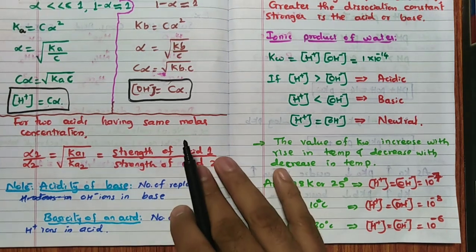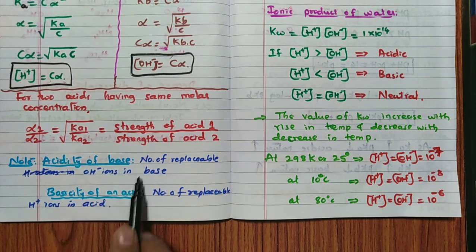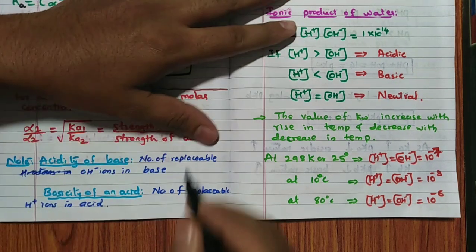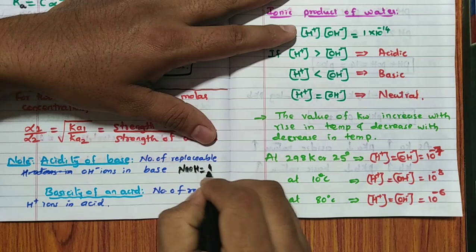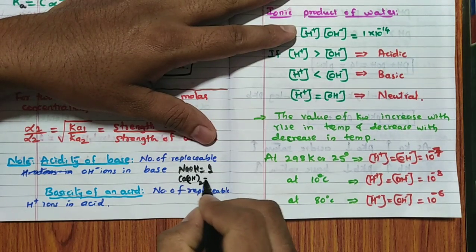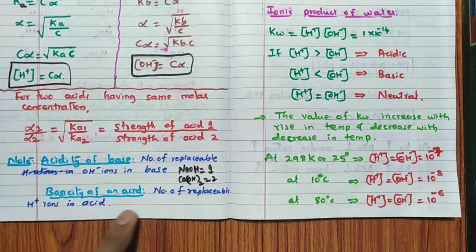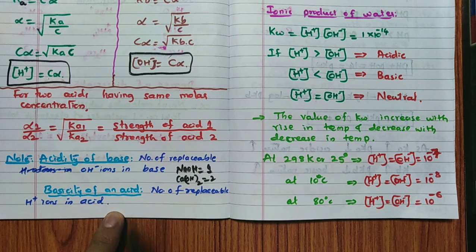Then an important point: acidity of a base means what? The number of replaceable OH minus ions in the base is called the acidity of the base. For example, NaOH is 1. Ca(OH)2 is 2 because 2 OH minus ions are there. Basicity of an acid is the number of replaceable hydrogen ions, H plus, in an acid.